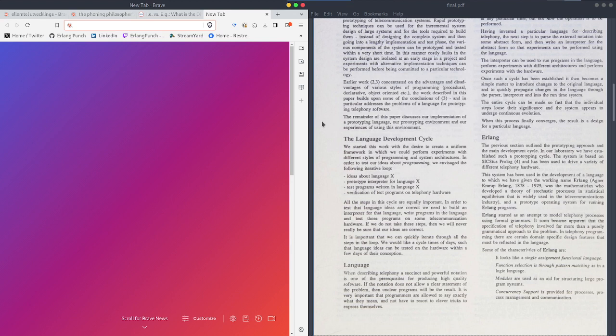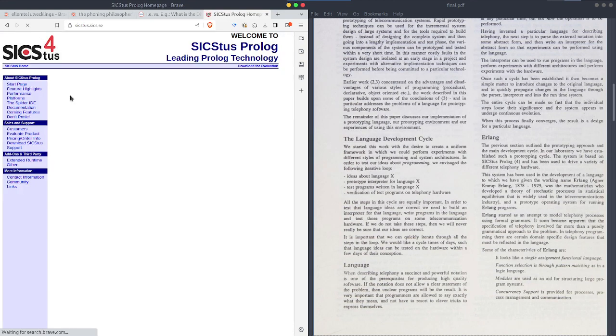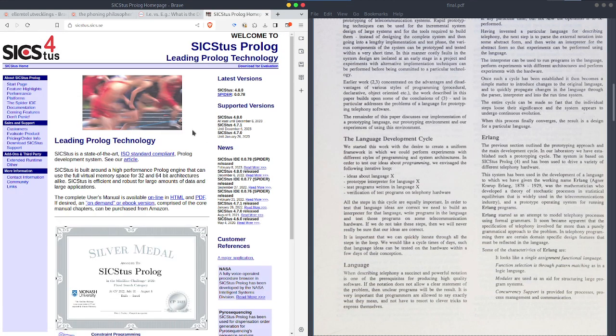Okay, let's check. Sicstus Prolog. So, yeah, it's still available even today.